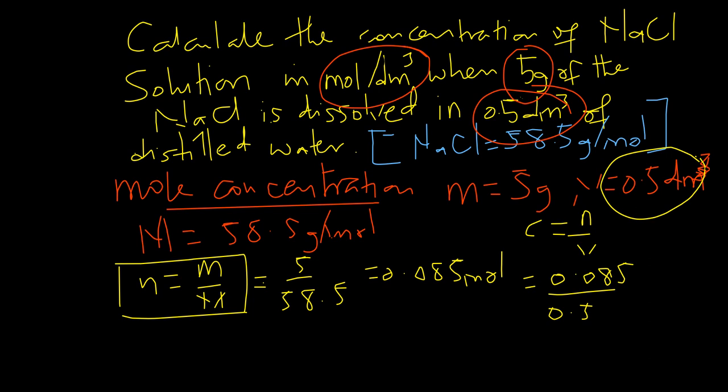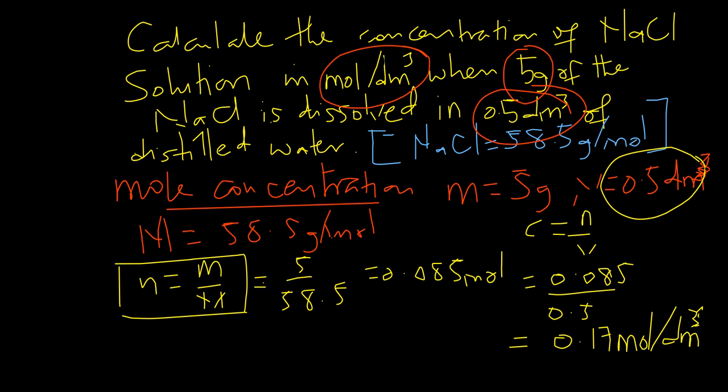When you do the math, you get a mole concentration of 0.17 mole per dm cube. Very simple. So let's look at the next question.